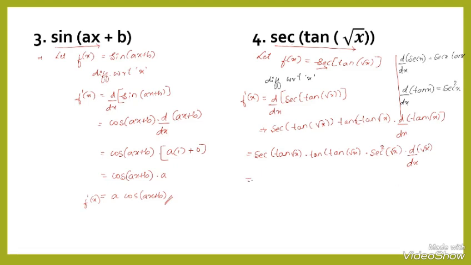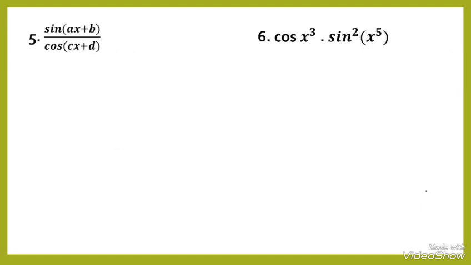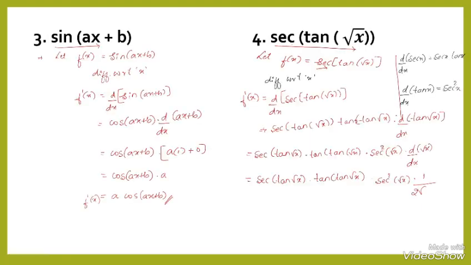Again I will consider same sec of tan root x, tan of tan root x into sec square of root x. Differentiation of root x will be 1 divided by 2 into root x.